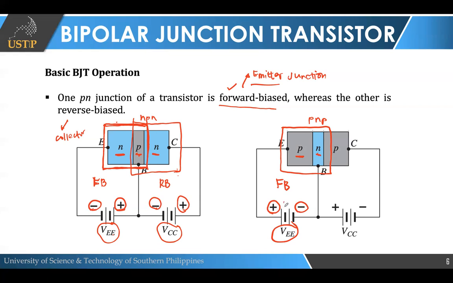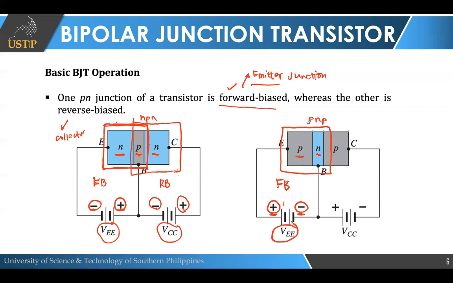So the connection is different, but both are forward biased in relation to their type of transistor. You must not mix up the type of transistor, because if you mix up your terminals, you will not be able to forward bias or reverse bias.